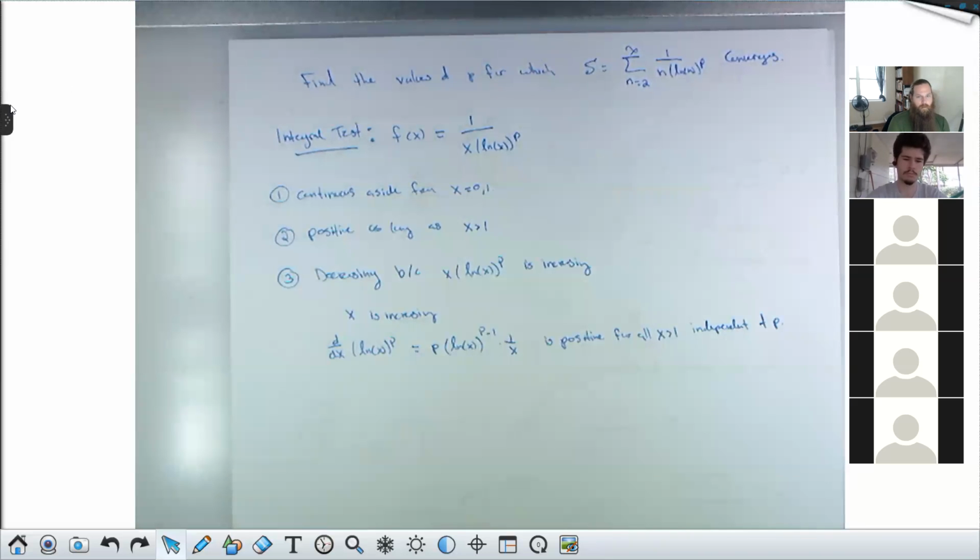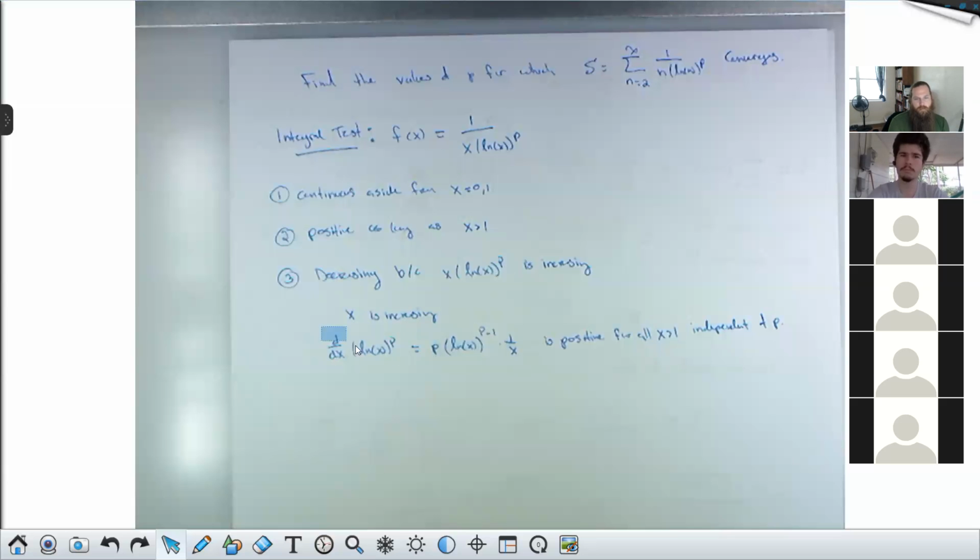So if p was odd, then p minus 1 would be even, and this thing would always be positive. So this would be the only term to care about, and this term is positive as long as x is positive. If p were even, then p minus 1 would be odd, and this term would take the sign of the natural log of x, which is positive as long as x is bigger than 1. So independent of the value of p, as long as x is bigger than 1, this is positive.